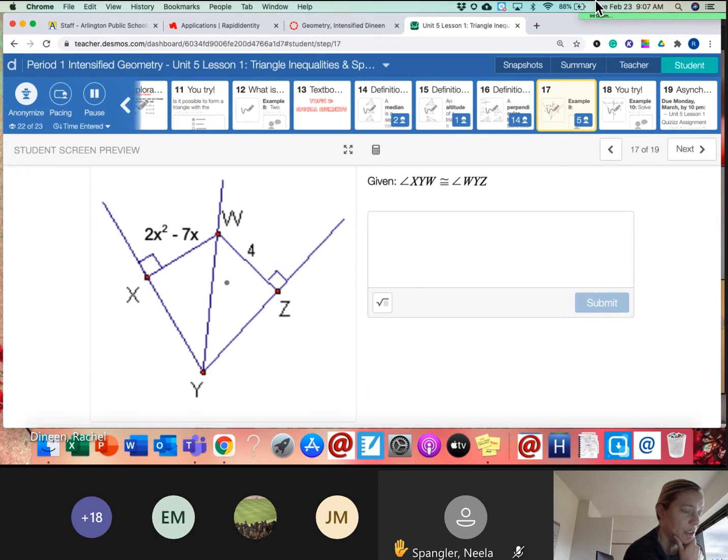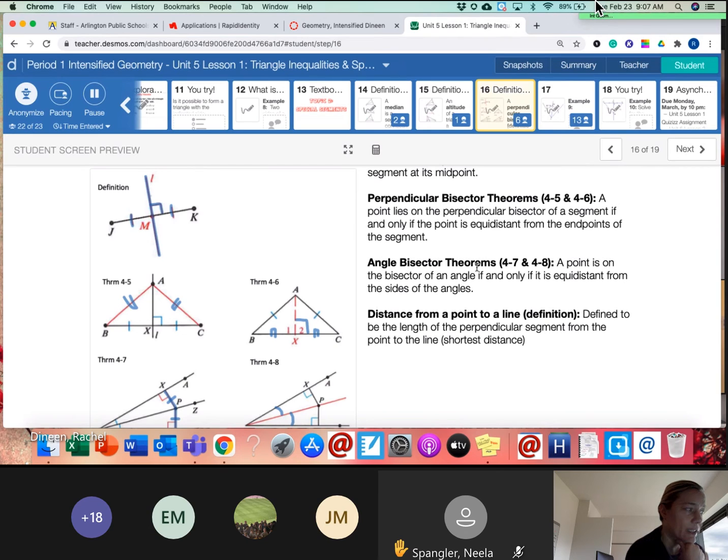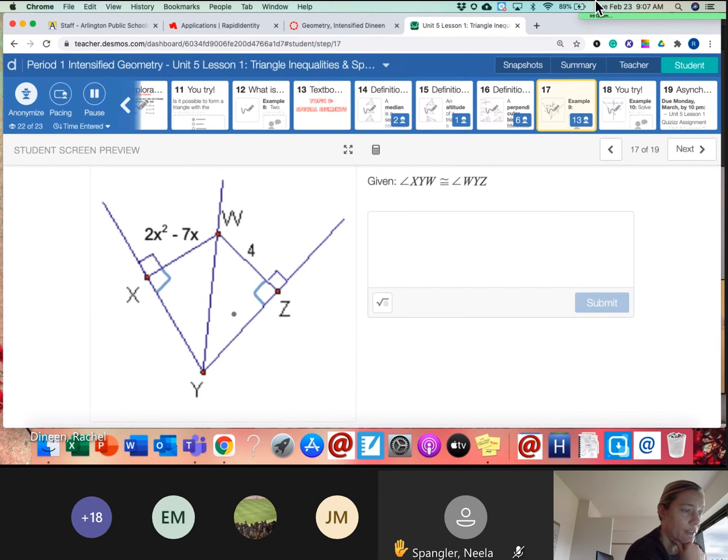In 17, since I see that these are perpendicular, then because of a linear pair, these are also perpendicular. Based on the angle bisector theorem, if I know these are perpendicular, that's the shortest distance, so those are congruent, and they bisect the angle.